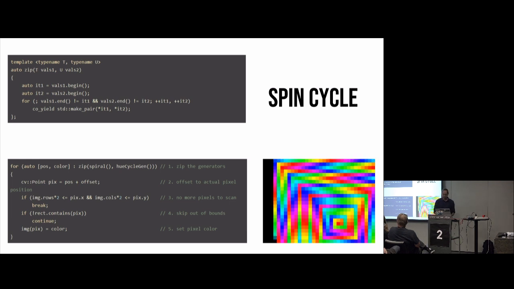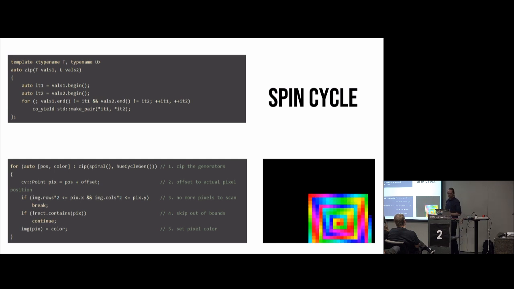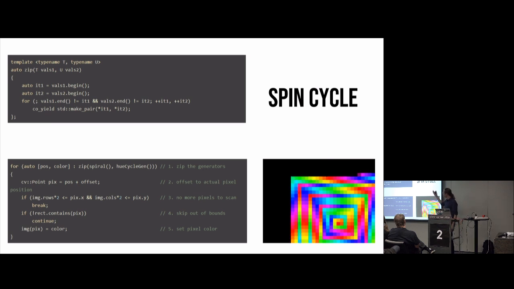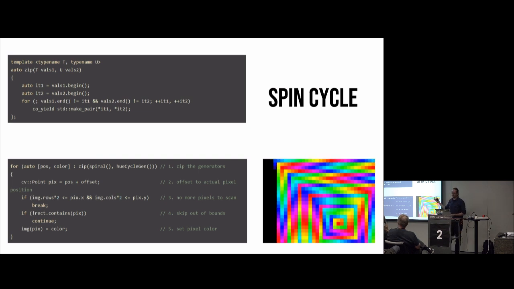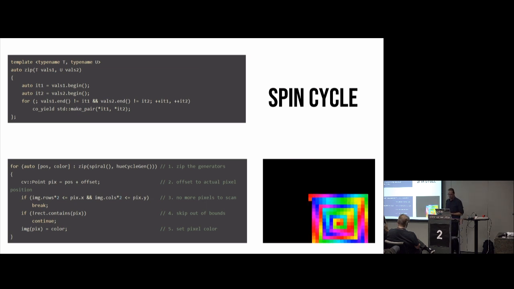And actually, the ranges library has a much more powerful zip view implementation. This is a very naive implementation, but for me, it's actually very easy to figure out and understand the logic. There is no extraneous information, and the syntax is relatively obvious.